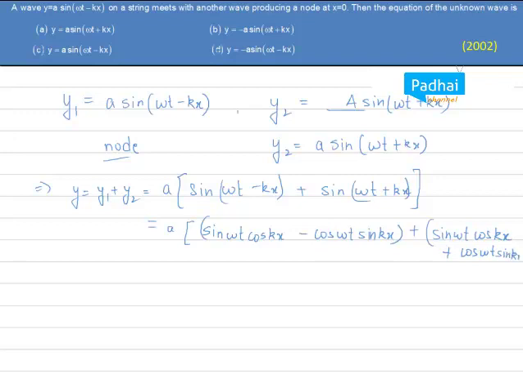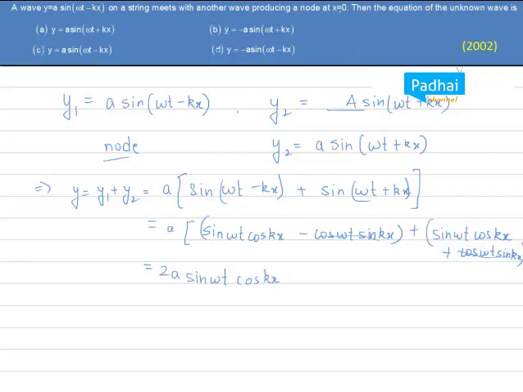Now this is the net equation. There is a negative sign, so this term and this term will cancel out. So we will get 2a sine omega t cos kx.